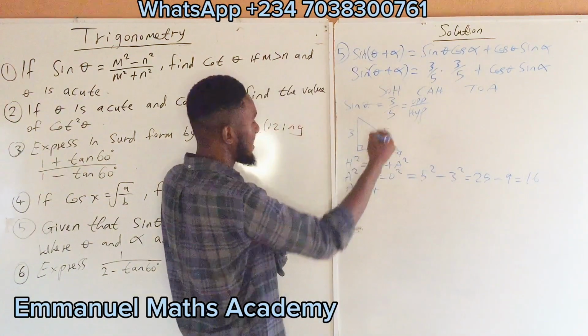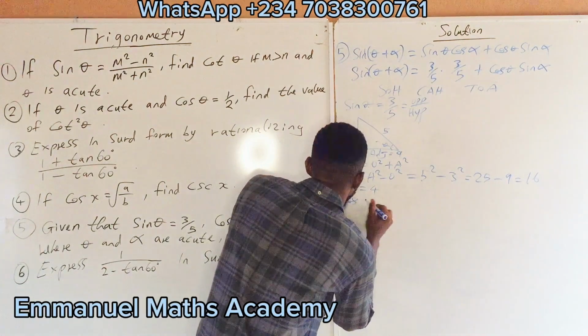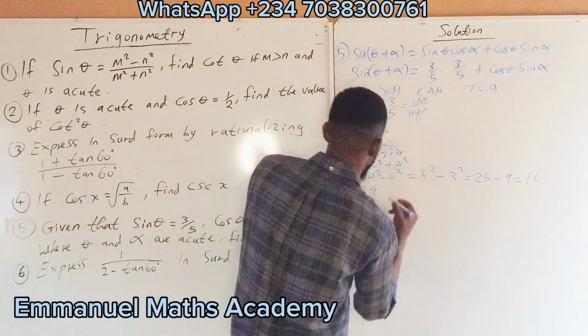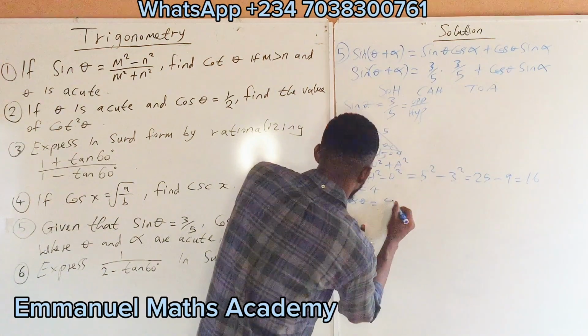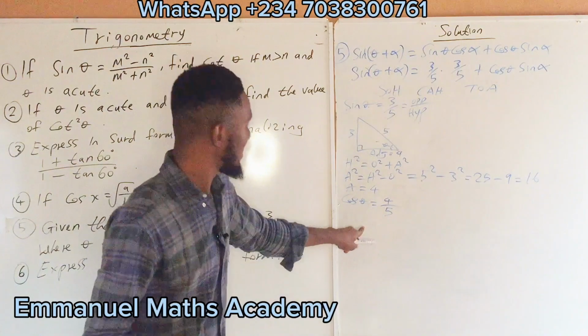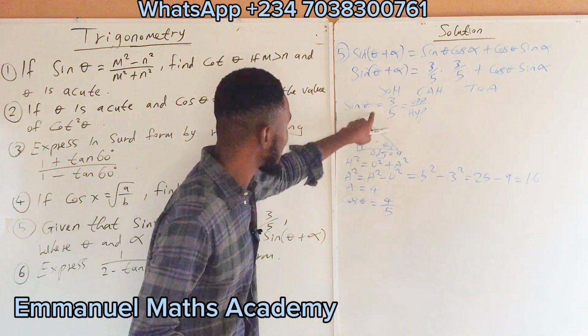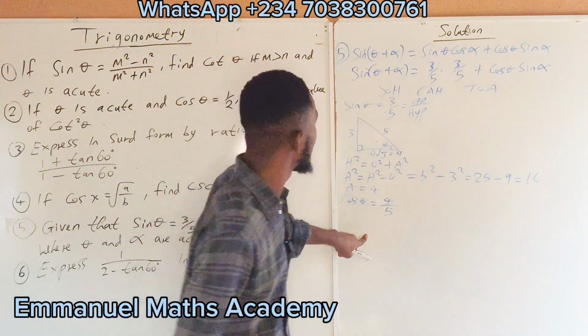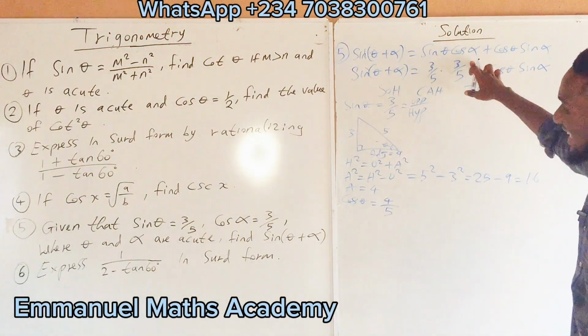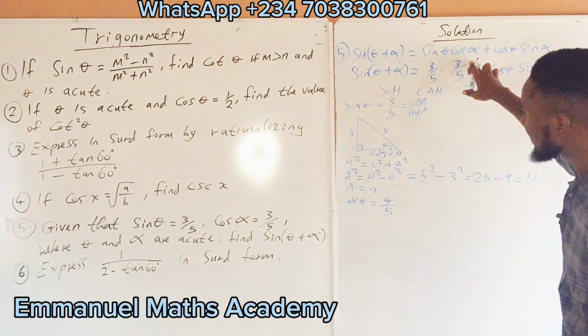Now this is our sine theta. Our cos theta will now be equal to what? Adjacent over hypotenuse. Where is our adjacent? 4. Hypotenuse is 5, right? So this is our cos theta, and this is our sine theta. We already have cos alpha. We need to get sine alpha, right?